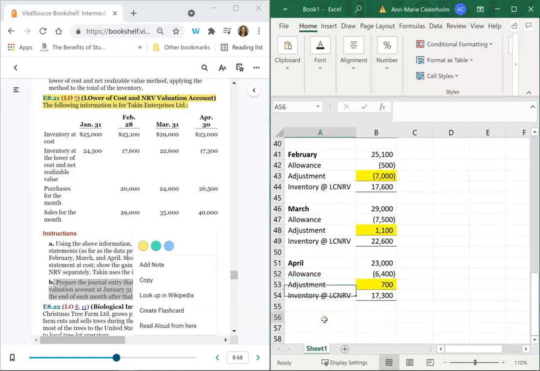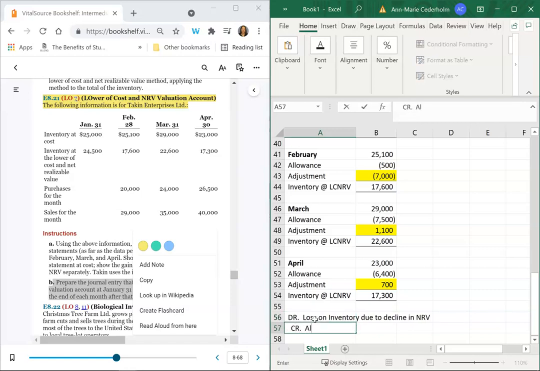So when we use the valuation method, I'll do debit. Instead of directly adjusting to cost of goods sold and inventory, we're going to adjust to loss on inventory due to decline in net realizable value. So that's the adjustment we'll put through on the income statement.